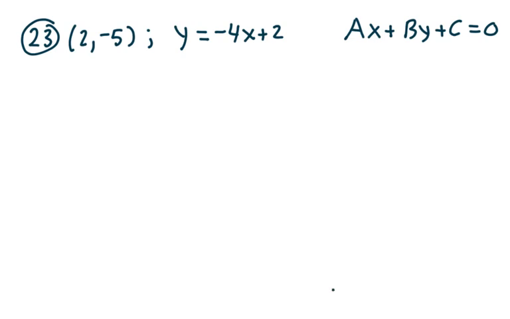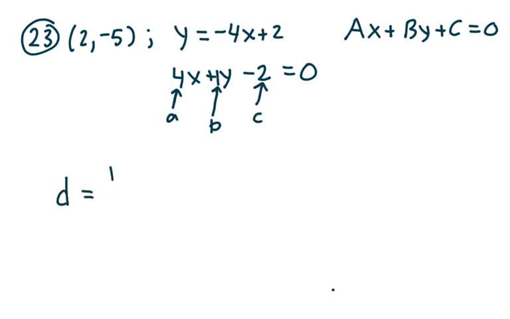So when I fix this, it's going to be 4x plus y minus 2 equals 0. Okay, so here's my a, the 1 is my b, and my c is negative 2.